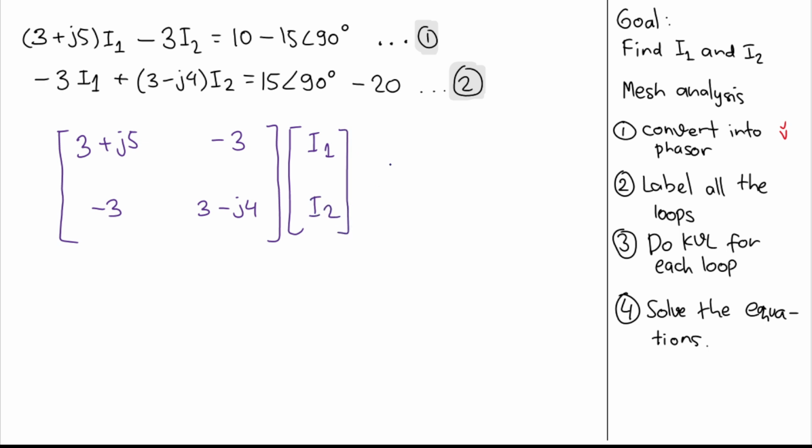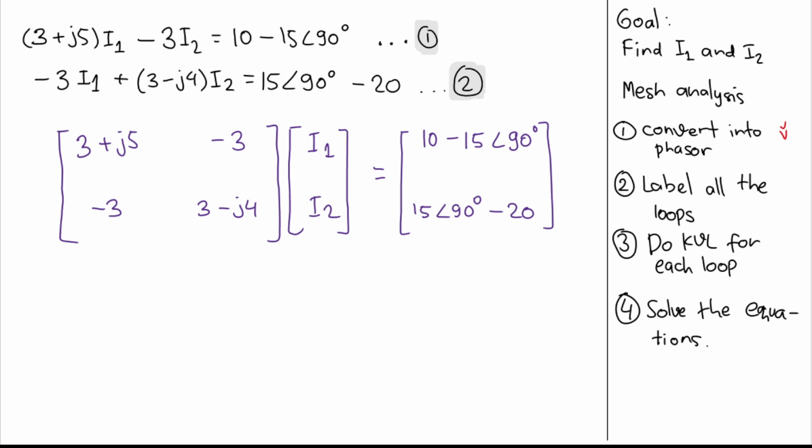On the right hand side, we will have 10 minus 15 angle 90 degrees, and then 15 angle 90 degrees minus 20. I think we should have very big brackets there, not small ones. So this is the matrix form of this equation.